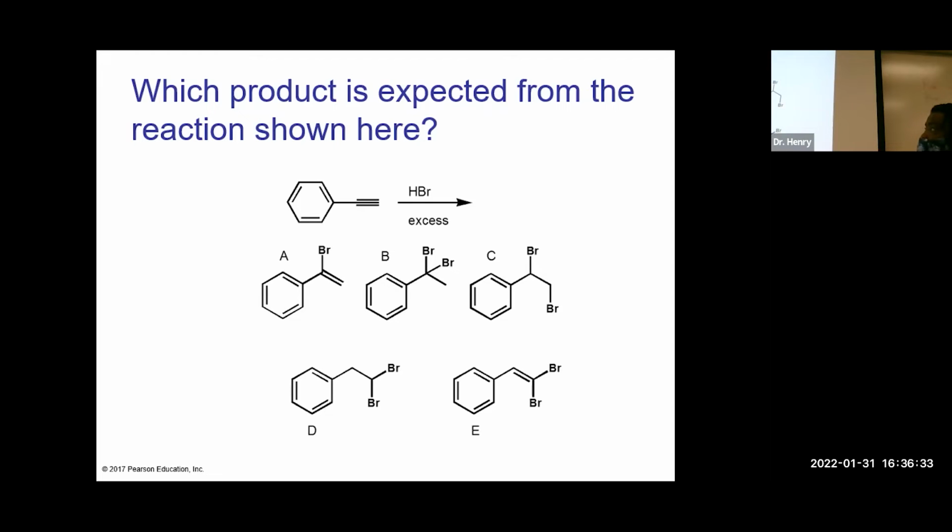Would this be terminal? Are we going to get a terminal? Think about what we just talked about. B or D? B as in bear? Okay, B.